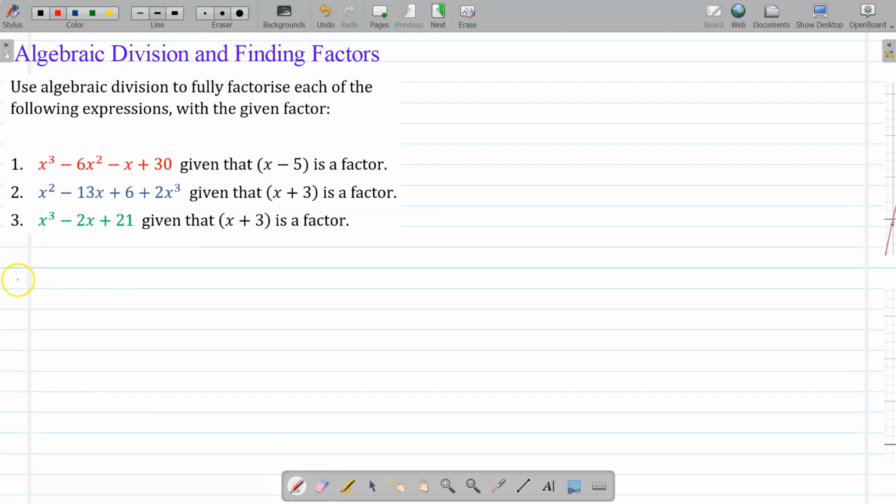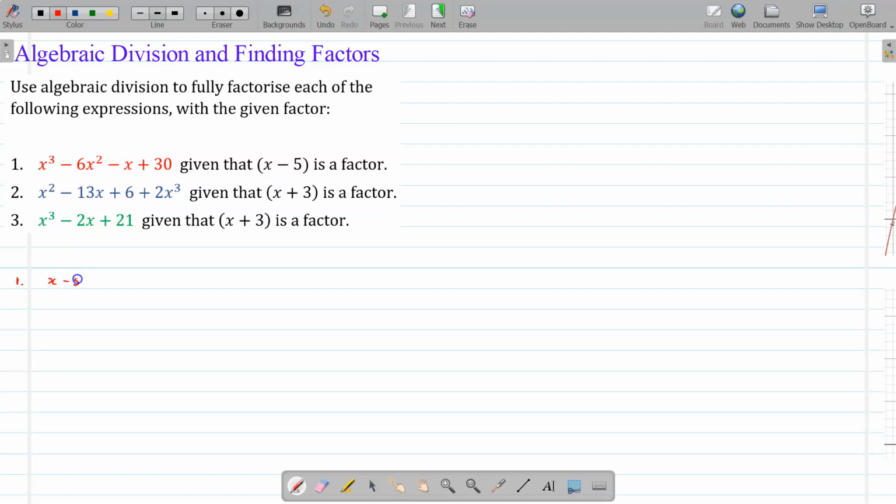Okay, so I start by writing down the question number there, 1, and then I write down what we call the divisor, which is the thing that we're dividing by, which is x minus 5.